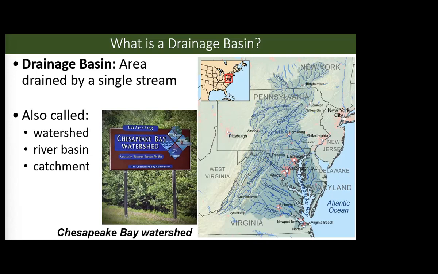Now, if we have a water droplet fall all the way up in New York and a water droplet fall in, let's say, Baltimore, they're going to reach the Chesapeake Bay at different times, obviously. One might be sooner than the other, but they're both going to end up at the same exact place eventually. They're both going to end up in the Chesapeake Bay, no matter where they fall in that watershed.